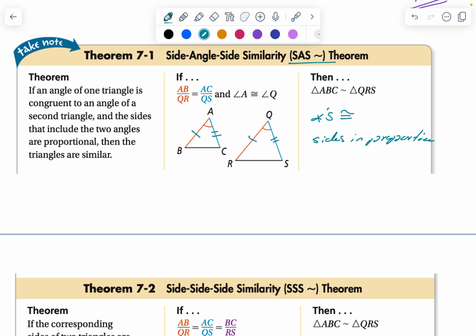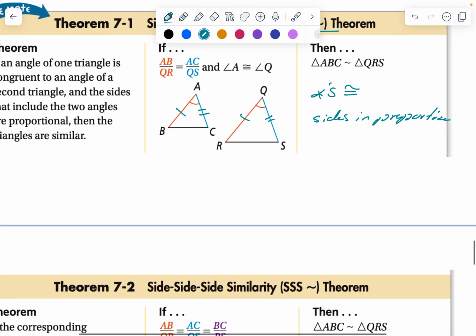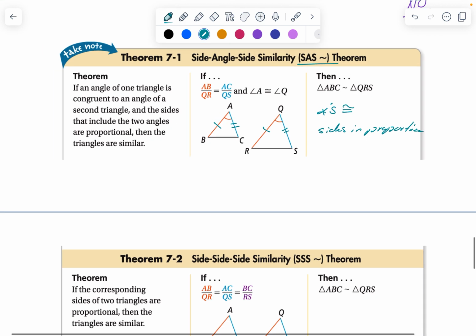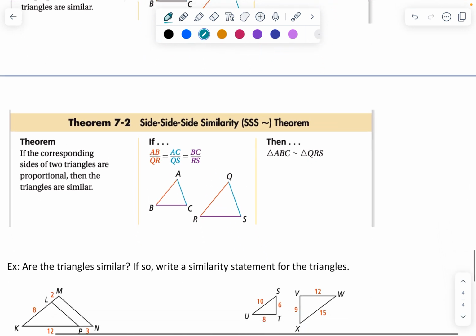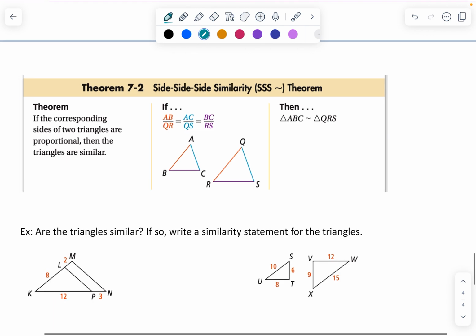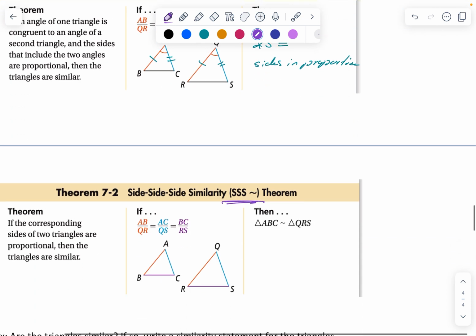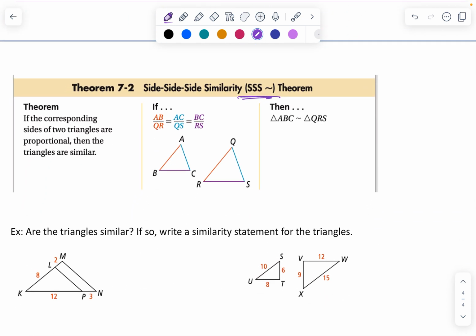If we can show those 2 pairs of sides are in proportion, and the angles are congruent, then the triangles would be similar. Or the final way is side, side, side similarity. And side, side, side similarity means basically we've got to show that all 3 sides are in proportion, or in other words, they have the same ratio.